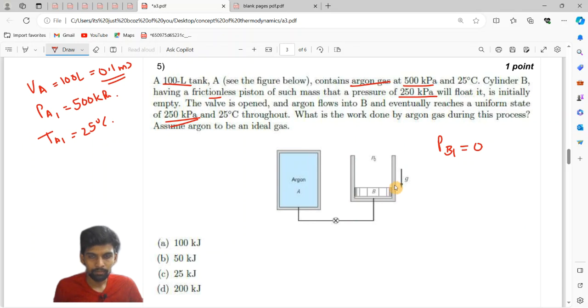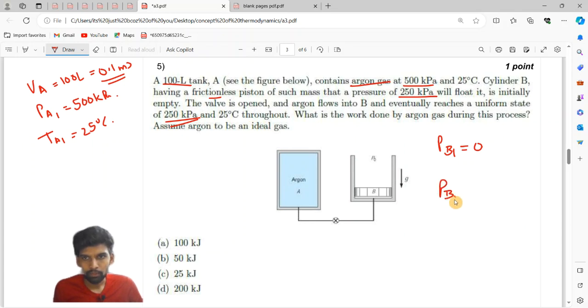So it is a constant pressure process. Anywhere you get a freely floating mass, floating against the atmosphere, that process is nothing but a constant pressure process.